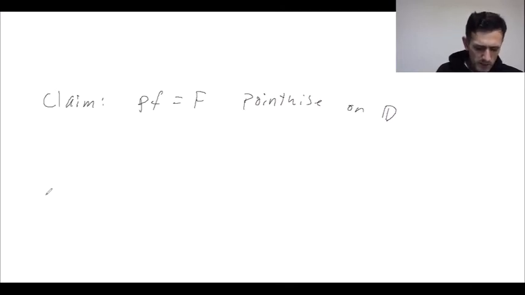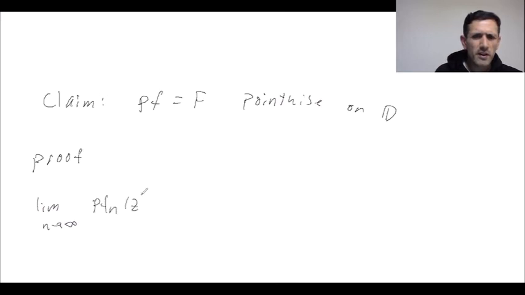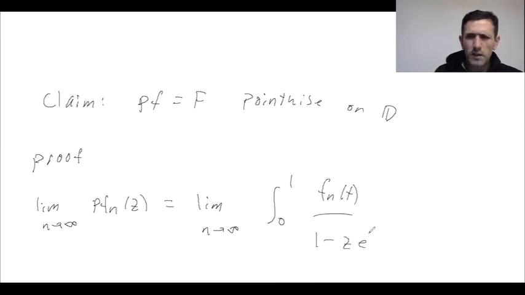Okay, so let's prove this. So first I claim that pointwise Pf_n equals Pf. Okay, so from problem 4, for fixed z, we know that this is going to be this integral here, f_n(t) over (1 minus z e^(-2πit)) dt.